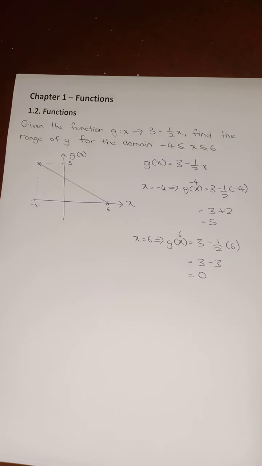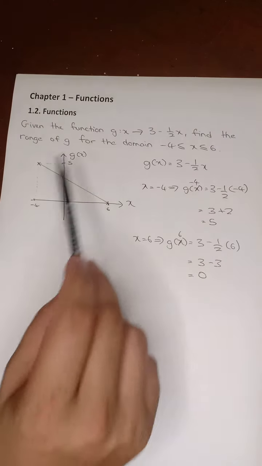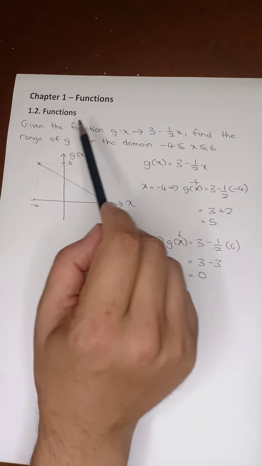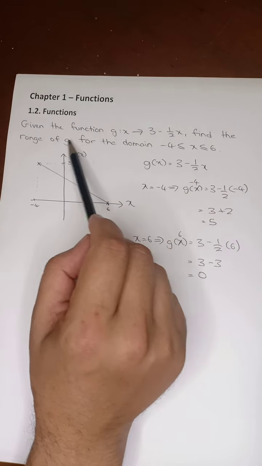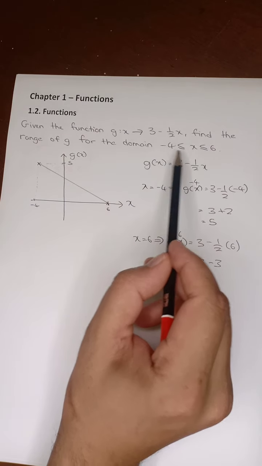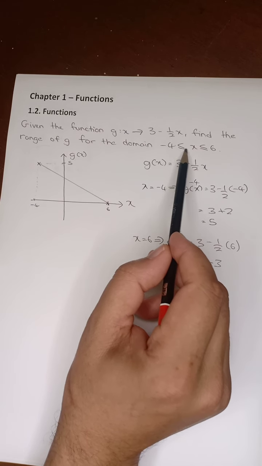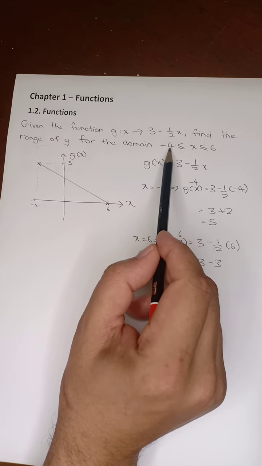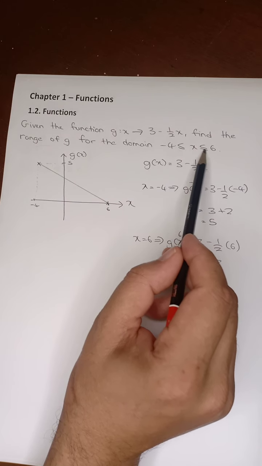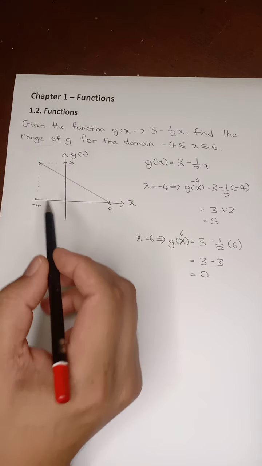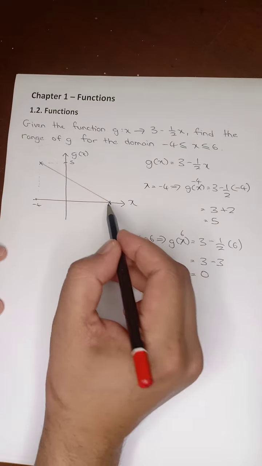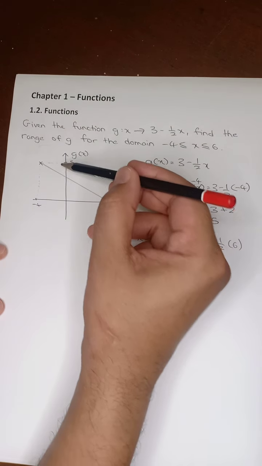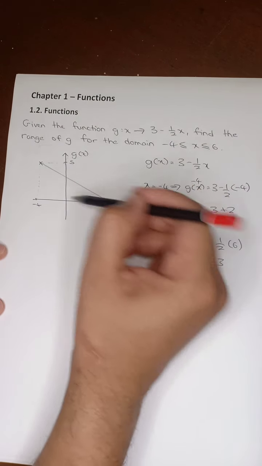Okay, so what is the question asking? The question is asking for the range of g(x) when the domain is x more than or equal to -4 and less than or equal to 6. So the domain of x is between -4 and 6. What is the range of g(x) corresponding to this?